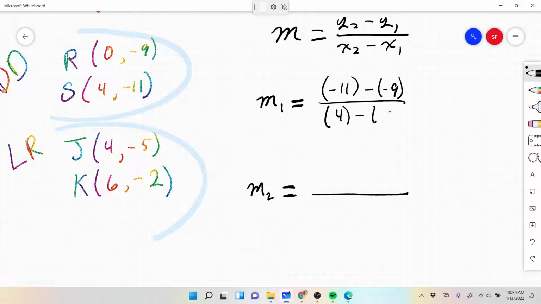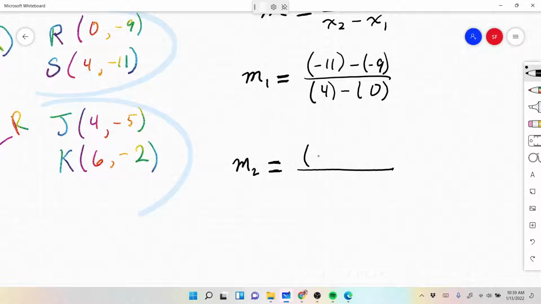Minus, what am I going to put here? 0. We're subtracting 0. That's going to be super simple. What are we going to put right here? -5. No, because it's technically plus 9. What are we going to put right here? -2. What are we going to plug right here? 4. What about here? 6.